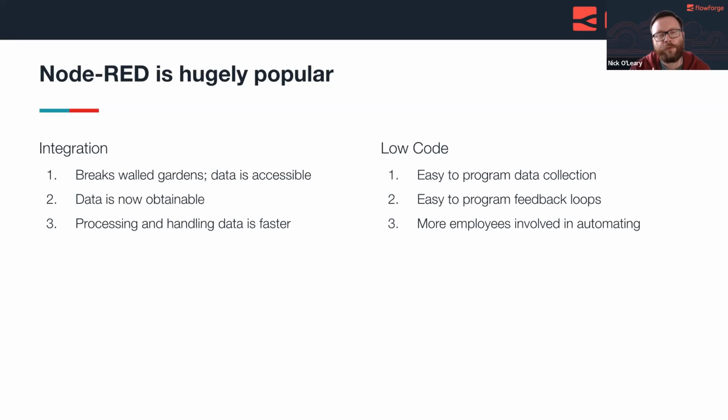It's a higher abstraction, if you like. So you don't have to worry about the details of how the data was pulled from a device. You just know we're getting data from that device. I can now build my application to do something with it. So it's a much broader audience than traditional programming platforms. And that's true of low code across the board. But I think it's this combination of open source with low code that has really helped NodeRED flourish.